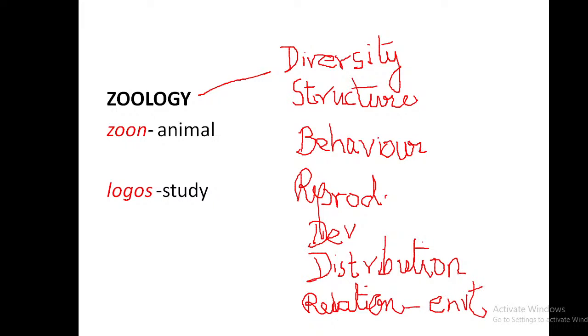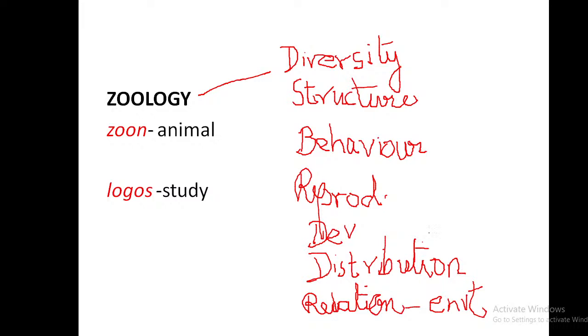So zoology is a branch of science that deals with the diversity, structure, behavior, reproduction, development, distribution of animals and their relationship with the environment. That is zoology.